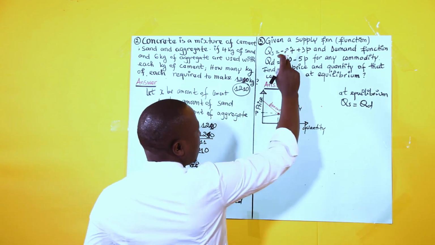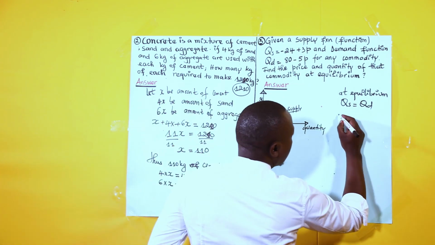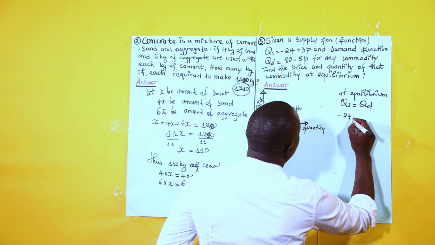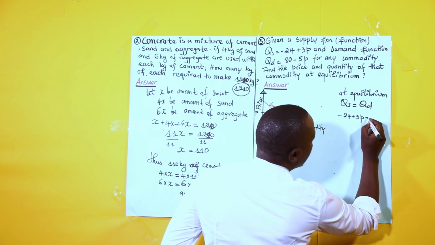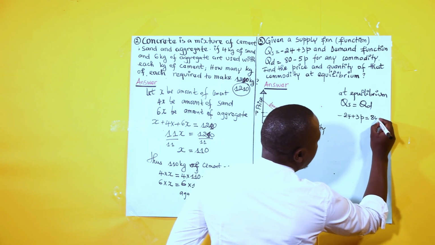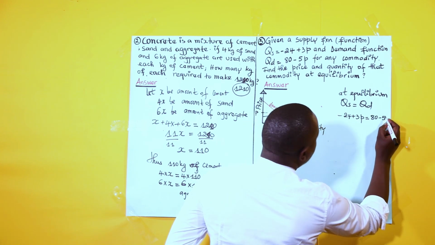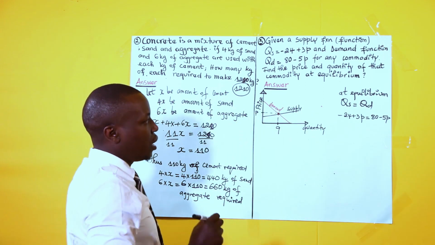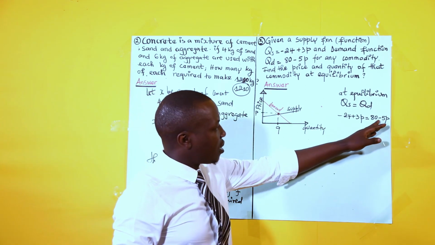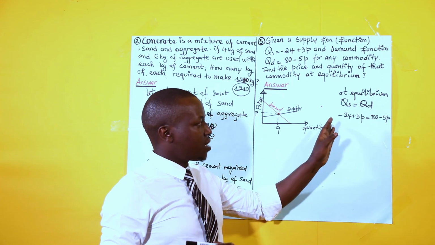It means negative 24 plus 3p equals 80 minus 5p, right? Let us take this to the right hand side.